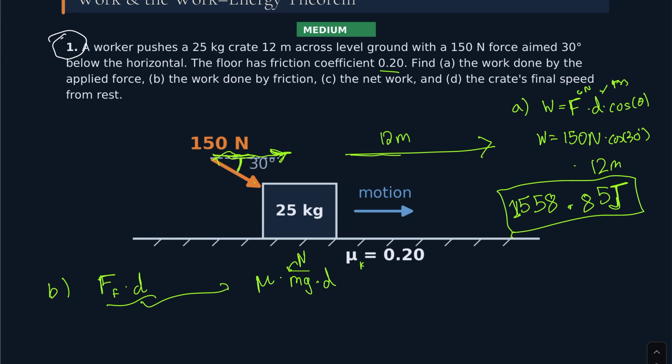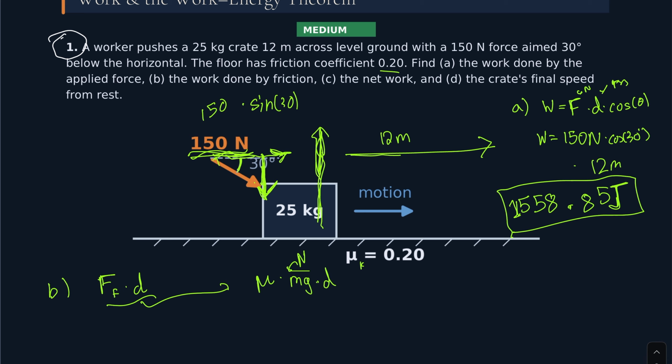But think about it. Is that the only force pushing us down here? Normal force must push us upward, right? It must act perpendicular to the surface and keep us on the surface. Otherwise, we'd be sinking below the surface. And what force is also pushing us down? This one, right? What component of that force? 150 times sine 30. Right? Because this is the opposite side here that's going downward.